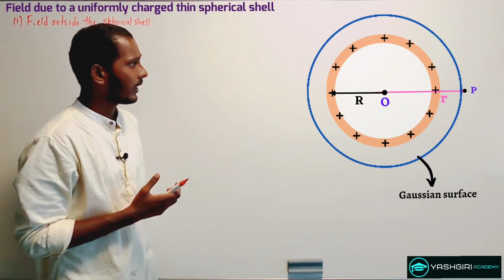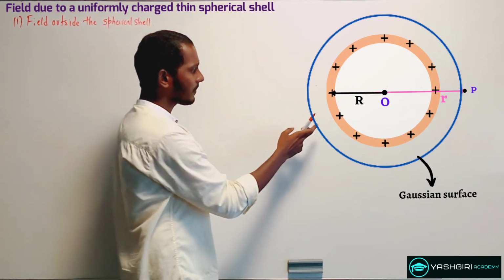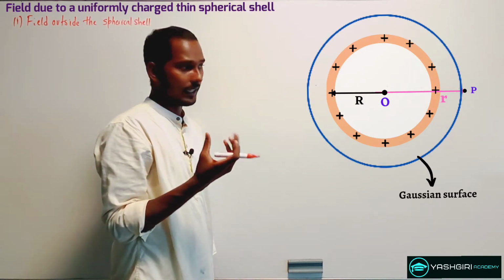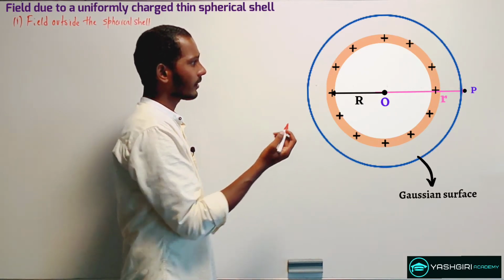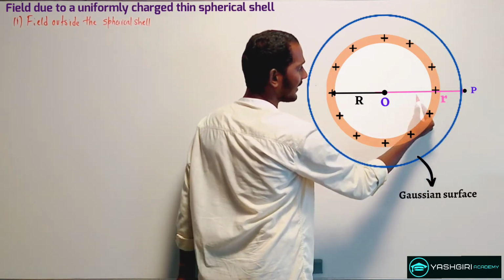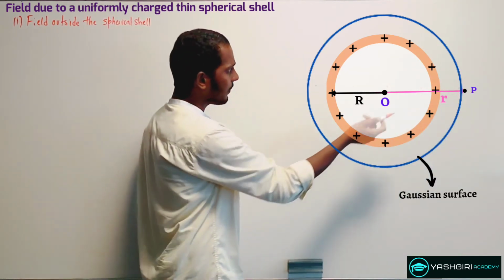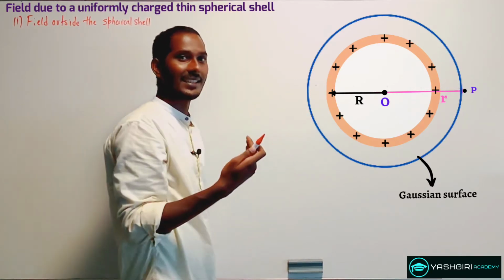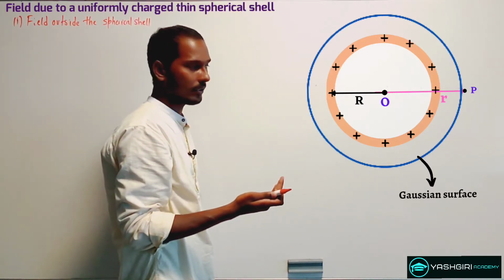So again, as I said, this thin spherical shell shows spherical symmetry, correct? Which means that again, this is the point P which is at a distance of small r. In the same way, if you just try to calculate at this particular point, you will be getting the same magnitude of the electric field.